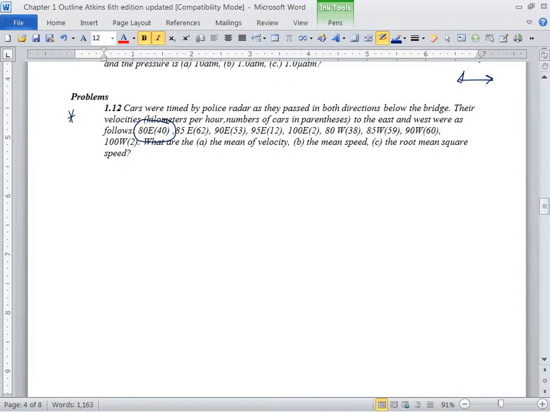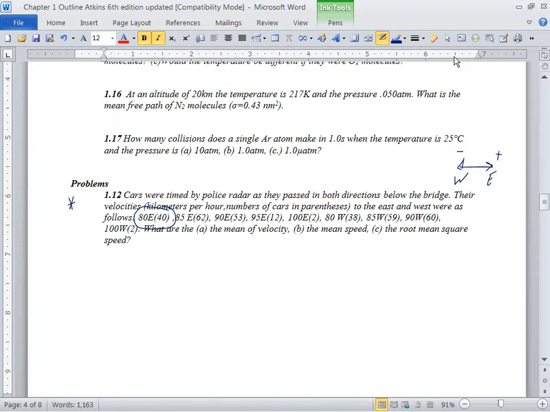We need the total. Yeah, cars are in parentheses. So I think Shelby wanted to do east is positive, west is negative. I think that's very conventional, right? Total is 328.